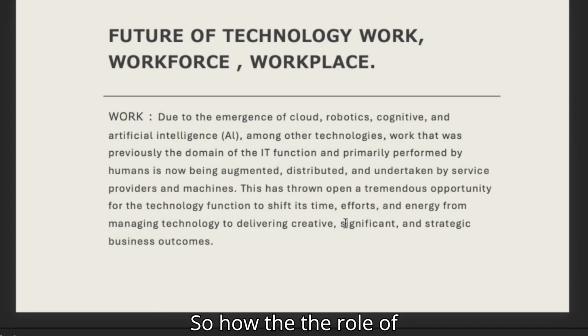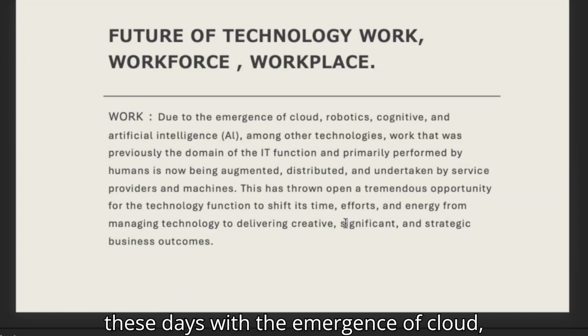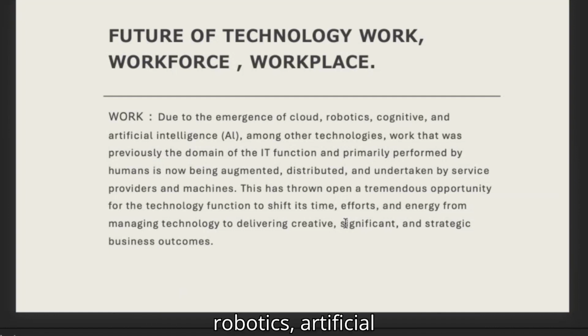So, how does the role of technology bring changes in the work? These days, with the emergence of cloud, robotics, artificial intelligence, and many other technologies, work that has previously been done in the functional mode has now been primarily affected, disrupted, and augmented.